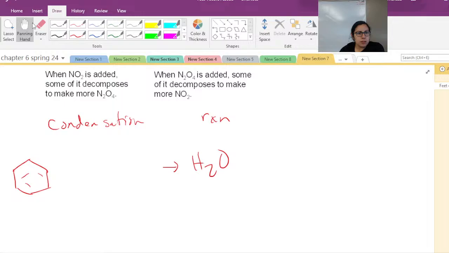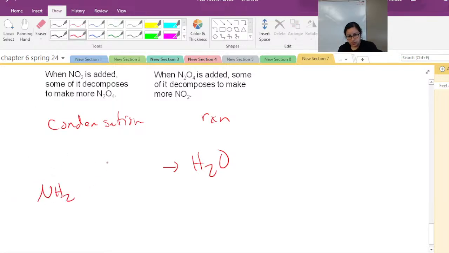I'm trying to think of a good condensation reaction. I'm blanking right now for some reason on a good one.